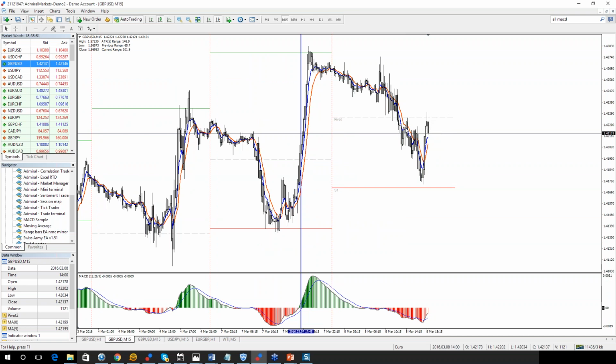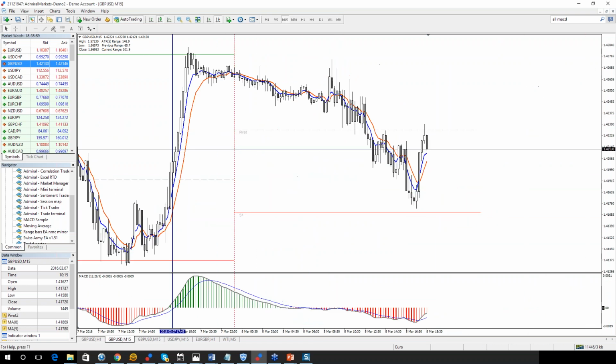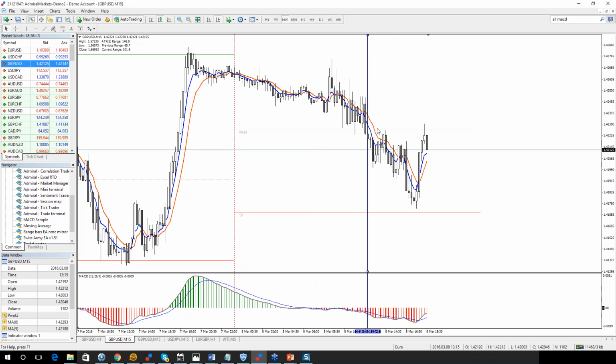But when the price closed below the pivot point, the first close of the price, MACD was also crossed down. So this is the signal to go short. So we go for the close below the pivot point while EMAs and MACD are already crossed. So this was the signal. Look, almost to the pip.